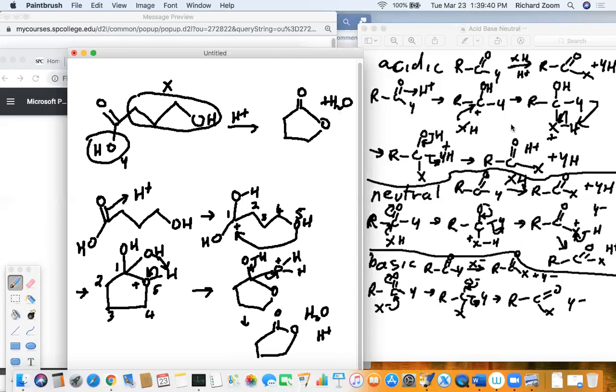Okay. All right. So I think here might actually be a good place to stop, because I want to go through exactly what Jasmine was talking about, how to figure out whether the rings are going to be fused or whether they're going to be separate when we're talking about a dual ring closure type situation.